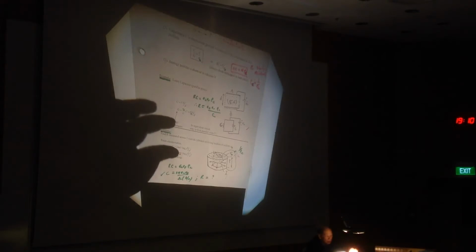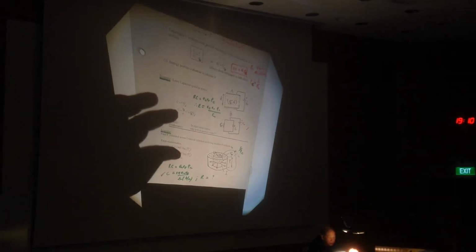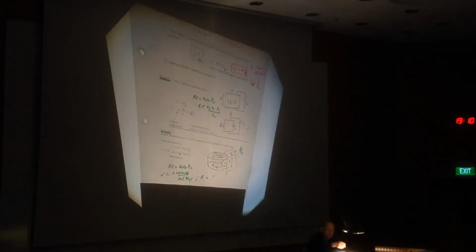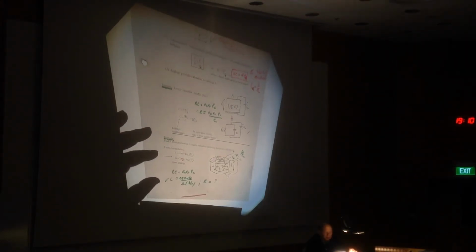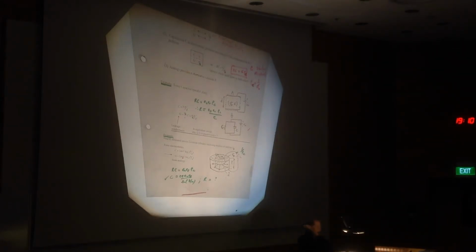R will be equal to ln b over a, over 2 pi sigma L. All this is because of a very important assumption: epsilon and sigma C are constant. They do not depend on the coordinates, which in 99% of cases is true. The properties are constant. Who is going to spend money and time to make the material inhomogeneous? It doesn't make sense.